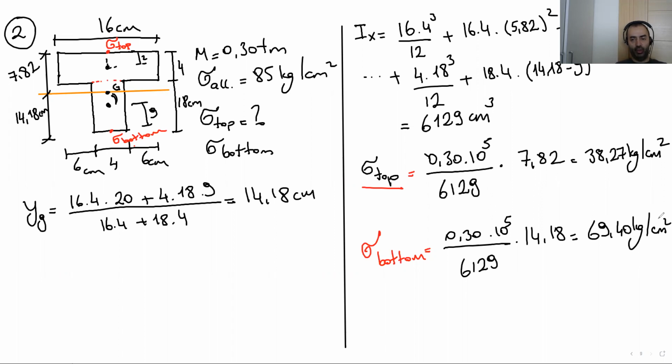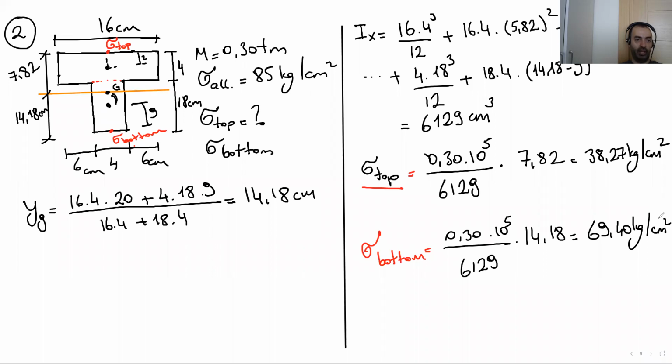Question here: which one is compression stress, which one is tension stress? Let's have a look at the moment given in the question. It's a positive moment. If we are talking about a positive moment, tension is always at the bottom, compression is always at the top.